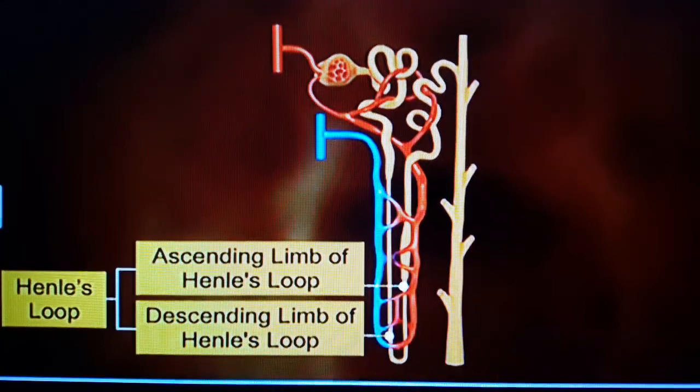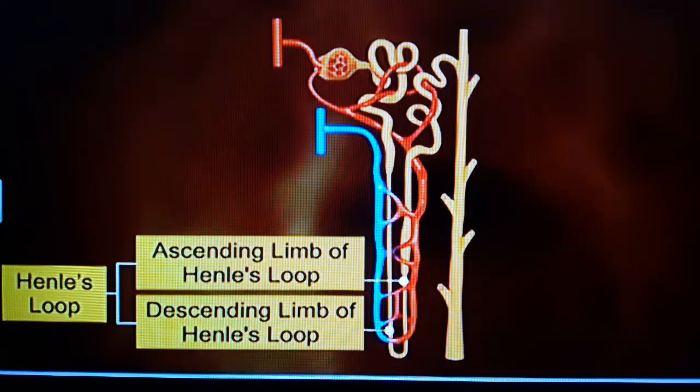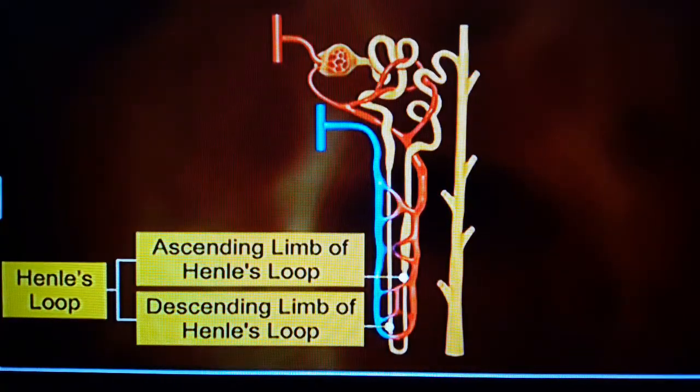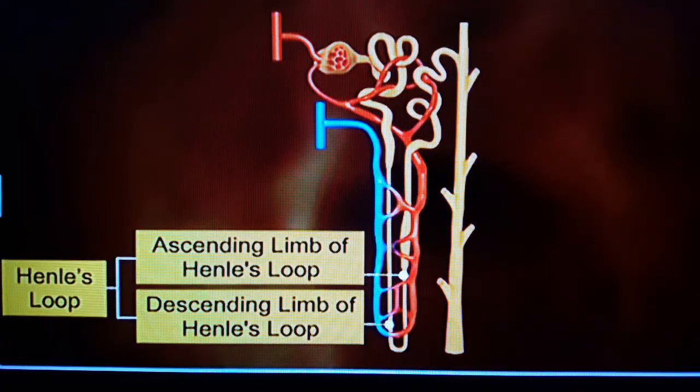The third part of the nephron is Henle's loop. It is in the form of a U-shaped loop continuing from the PCT. It descends down from the cortex into the medulla region and again returns back after forming a loop. So it has two parts: the descending limb of the loop of Henle and the ascending limb.